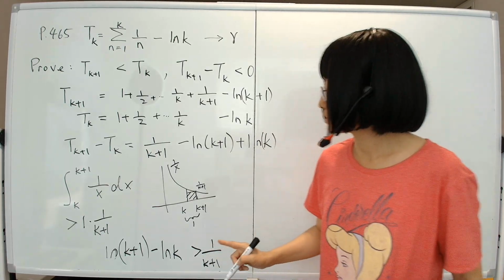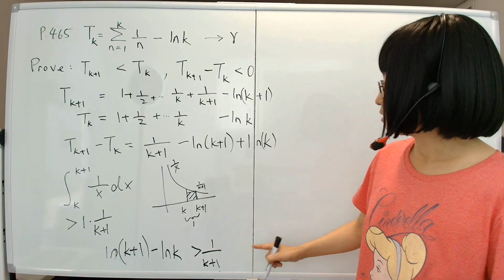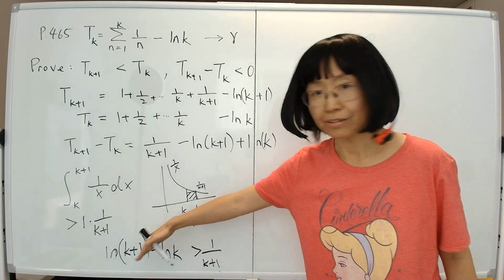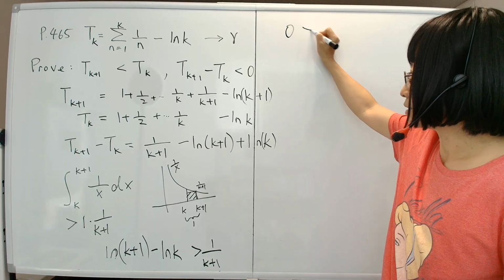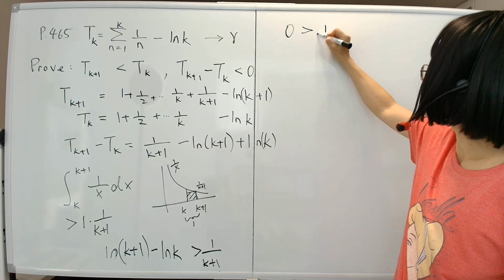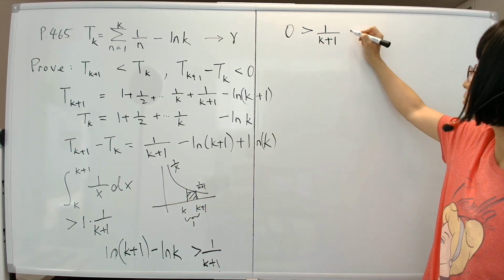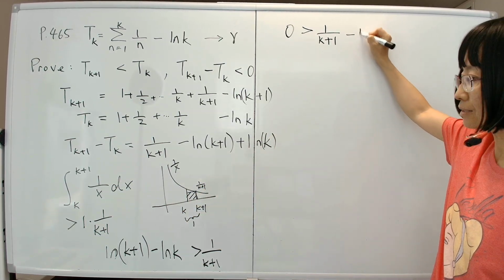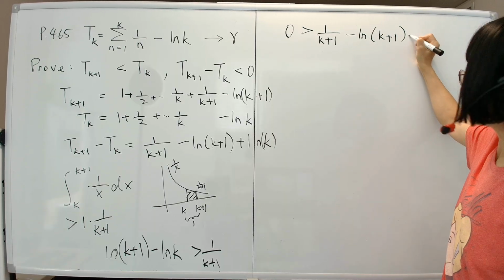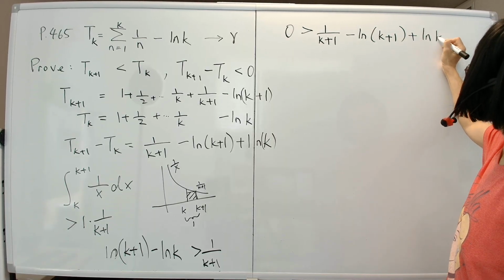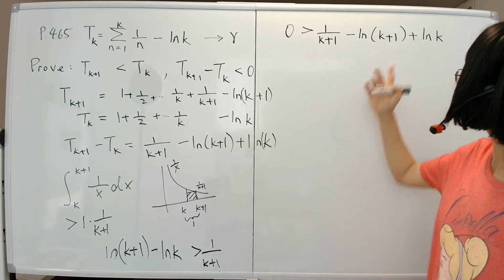Now, as you can see where this is going. Once we have established this inequality, we'll rewrite it by moving everything to this side of the inequality. It becomes 0 is bigger than 1 over k plus 1, minus natural log of k plus 1, plus natural log of k. And what is that? That is exactly this thing, term for term.